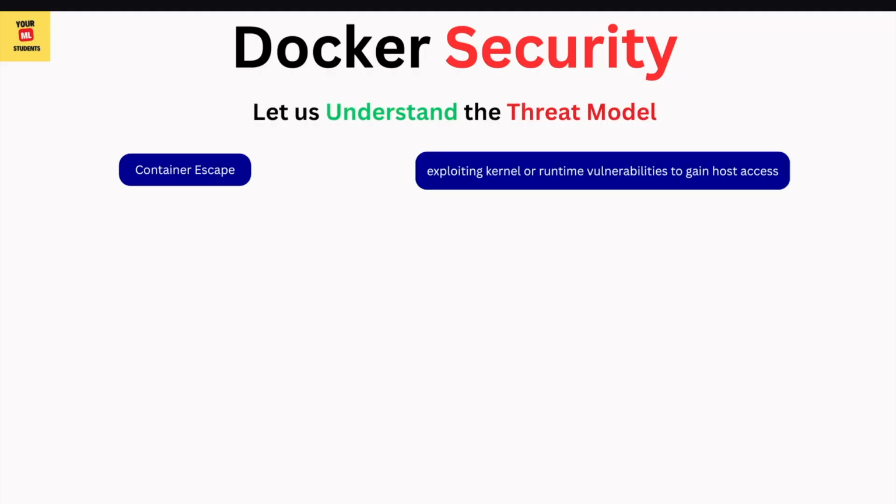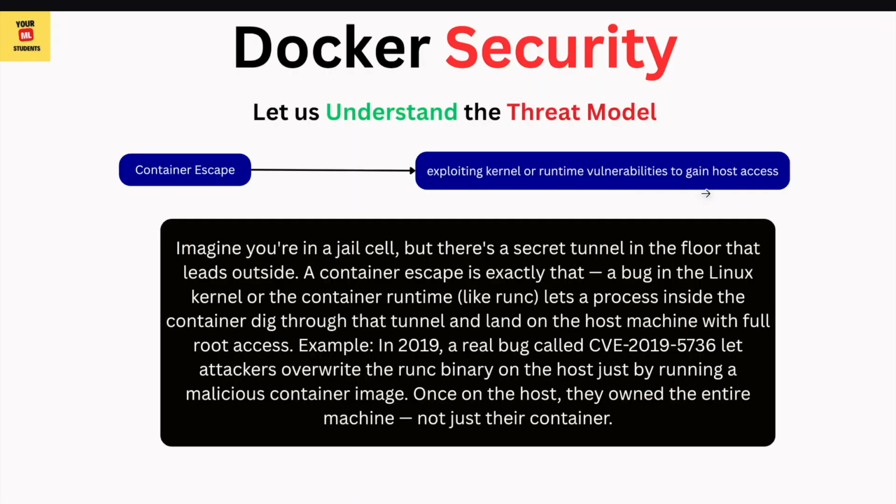The first thing is container escape, exploiting kernel or runtime vulnerabilities to gain host access. What does that mean? Let's imagine that you are in a jail cell, but there is a secret tunnel in the floor that leads outside. A container escape is exactly that.